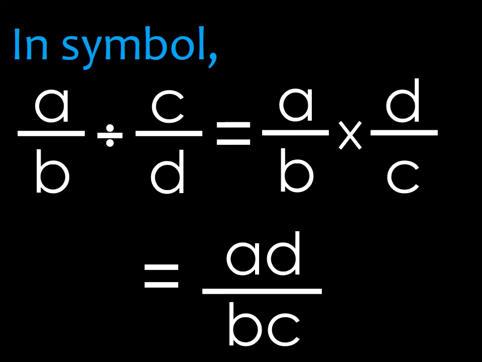So, a over b times, as you can see, yung c over d ay na-reciprocal or baliktad. Yung numerator naging denominator, yung denominator naging numerator, kaya naging d over c. So, tapos yung operation natin naging multiplication na. So, we proceed to the rules of multiplying fraction, which is numerator times numerator and denominator times denominator.